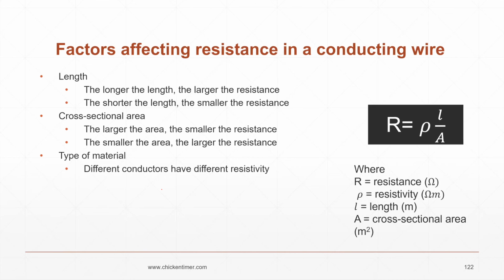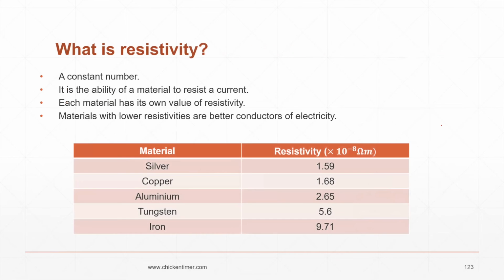Then the type of material depends on the resistivity. If they give you numbers in the question, just put in the numbers. Resistivity is a constant number. Different materials have different resistivity. If you have a high resistivity, that means it has high resistance.